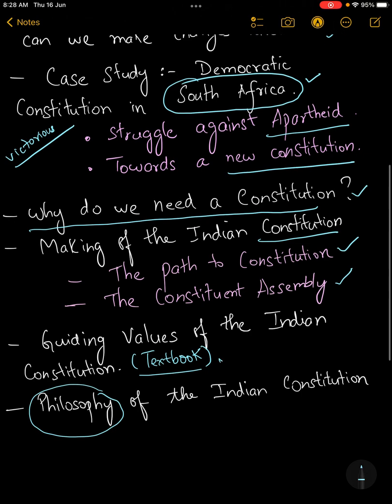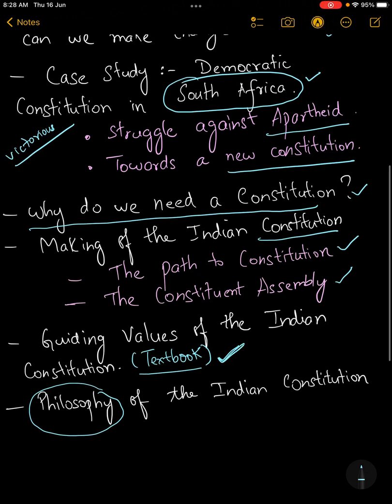So it is just to read through, right, and to understand what were the opinions that the leaders, our founding fathers, so to speak, had about the constitution and Indian independence. So kindly do read this once from your textbook.